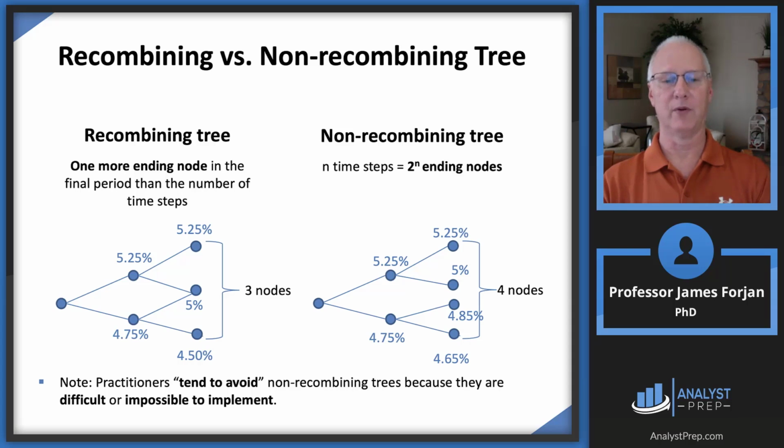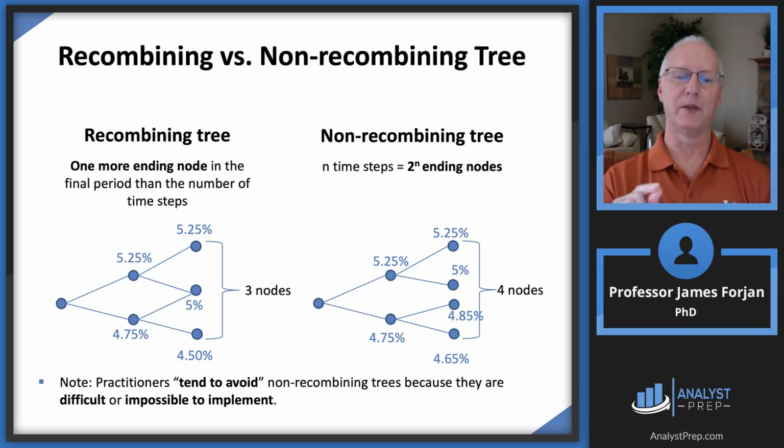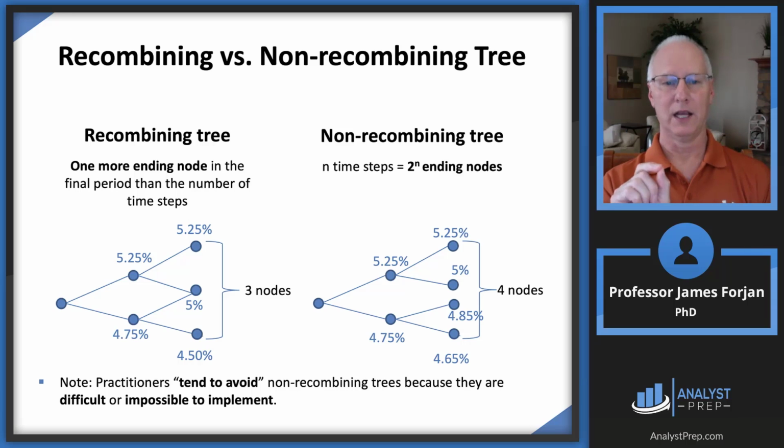We get to the 5%, right? Or we can start at time period 0 and go down to 4.75 and go back up to the 5%. So that recombining tree arrives at the same node right there in the middle for time period 2, and then subsequent if there were more time periods out there.